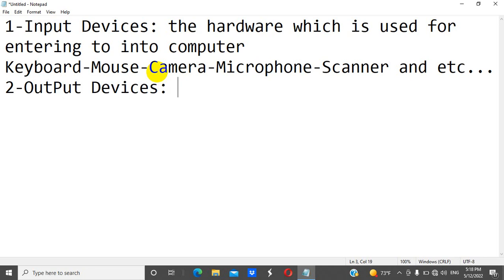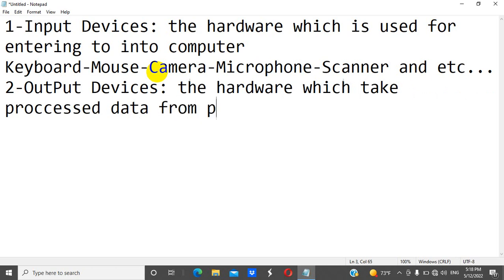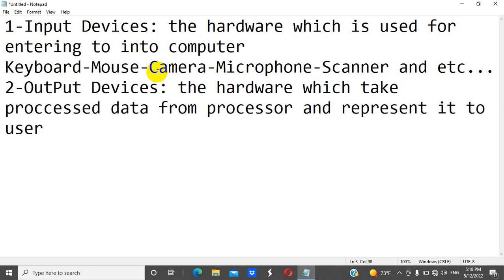Output devices are the hardware which take processed data from the processor and represent it to the user. It is the vice versa of input devices.